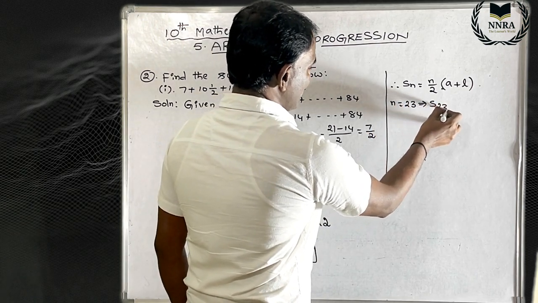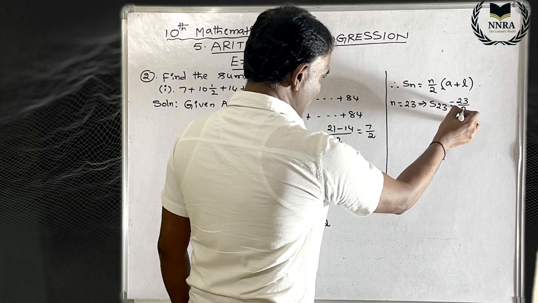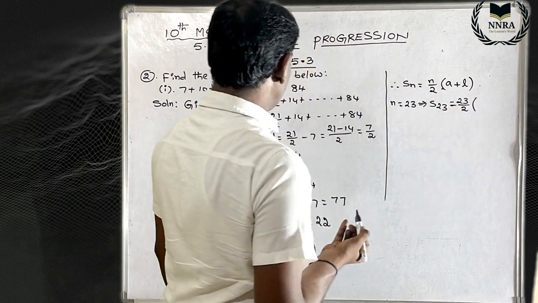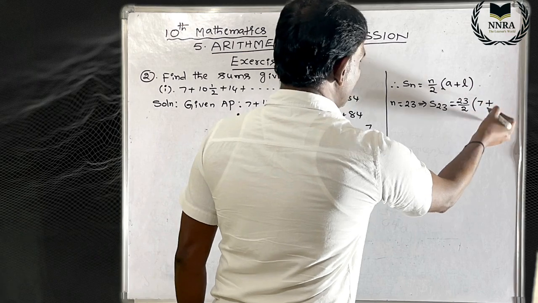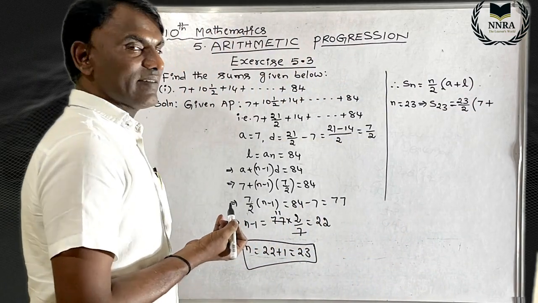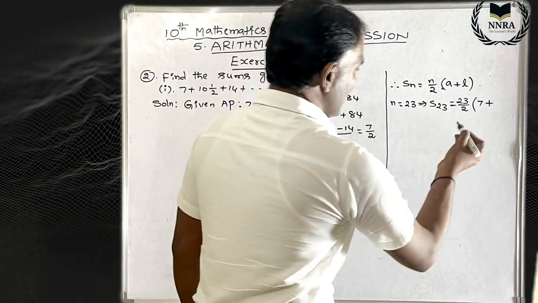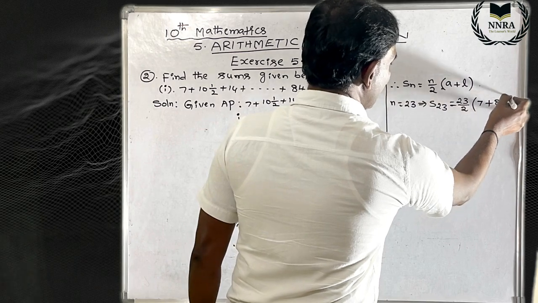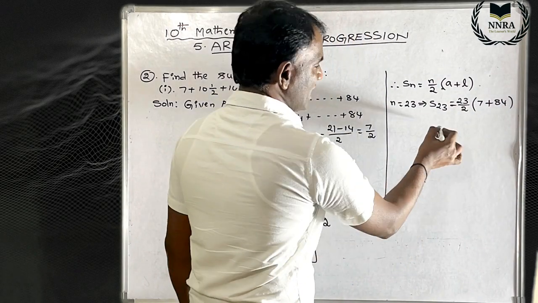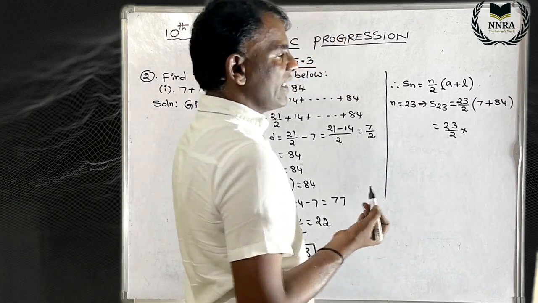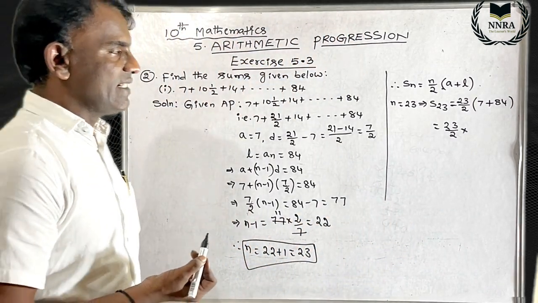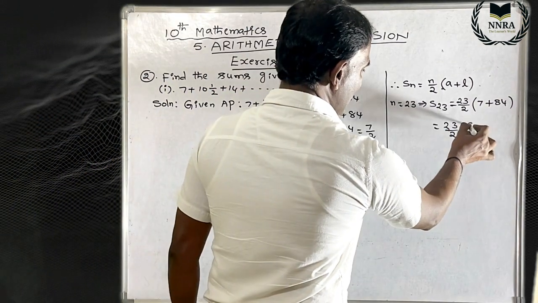Then S23 equal to 23 divided by 2. The value of a is 7, so 7 plus l, where l is the last term, 84. So it equals 23 by 2 into 84 plus 7, which is 91.